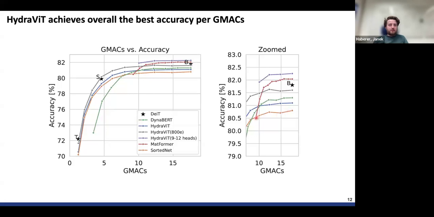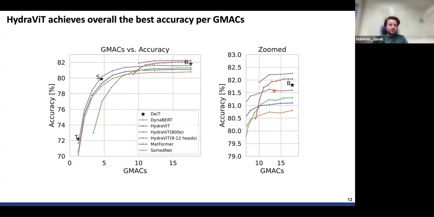We see that Matformer, while it is constrained to this smaller area, so it's not really able to run at less than roughly 8 GMACs, does beat this blue line, our 300 epoch HydraViT, and even our HydraViT that we trained for 800 epochs.